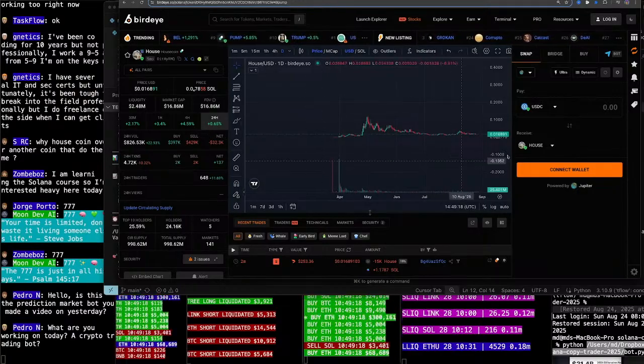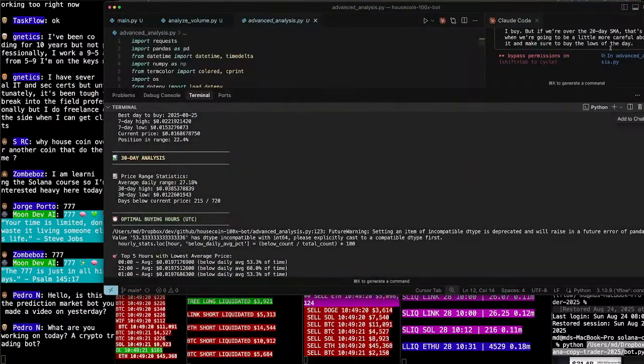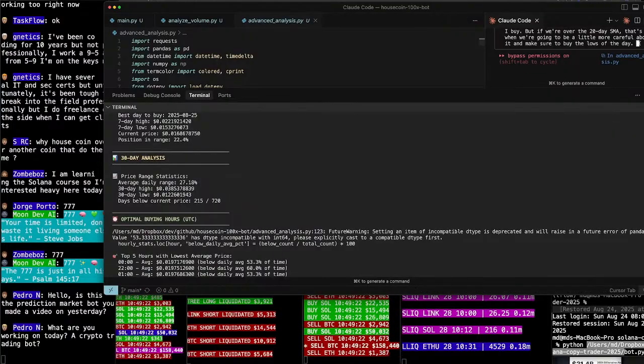looking for a 100x gain. Okay, so also at the top of the code, please make an exit criteria. So when it hits this price, the bot will sell the token. So we'll have to work on our selling as well.